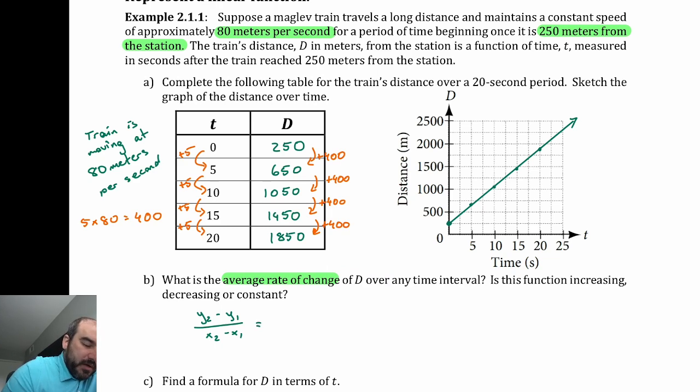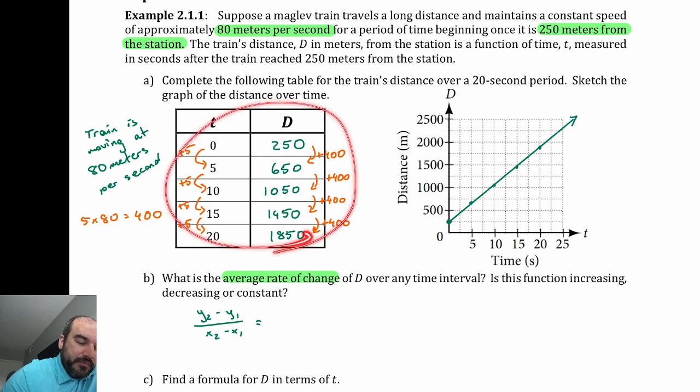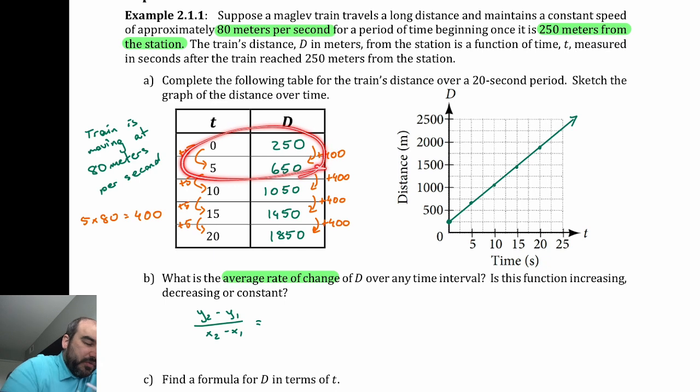But we can do y2 minus y1. We can pick any 2 points from these 5 points. We'll just do the easy one. We'll do the first 2 points.